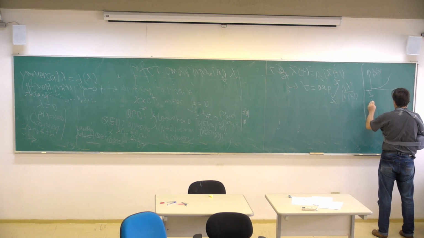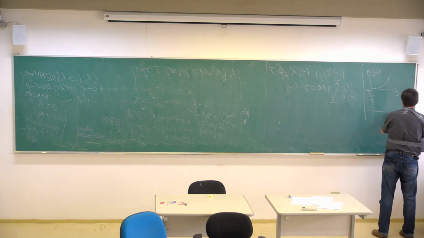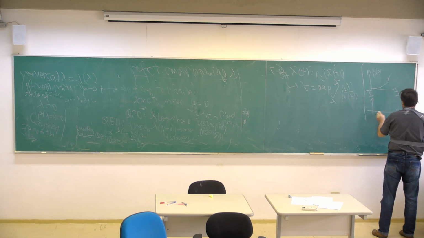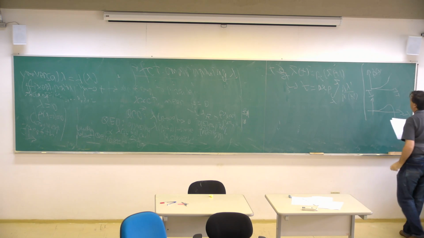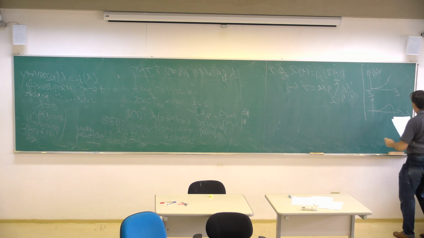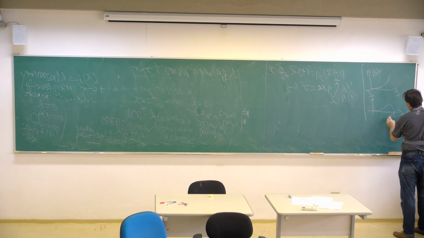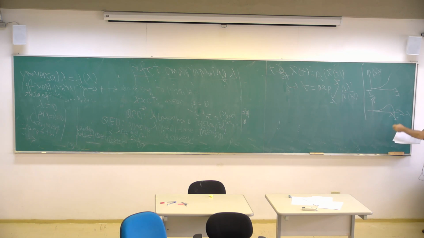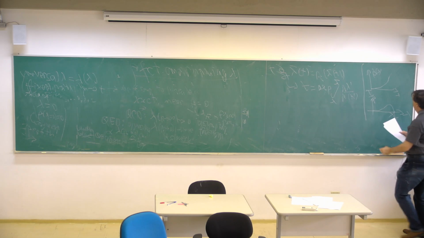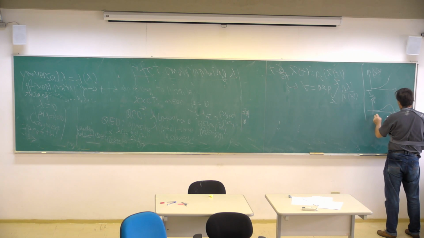Then the next possibility is that it grows, but then it goes through 0. So beta is 0 at some finite coupling, so there's a finite fixed point lambda f. That's number 2.